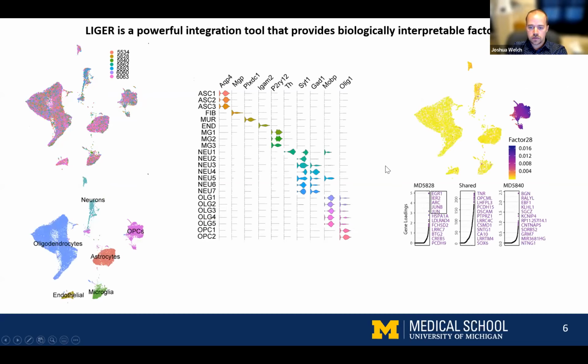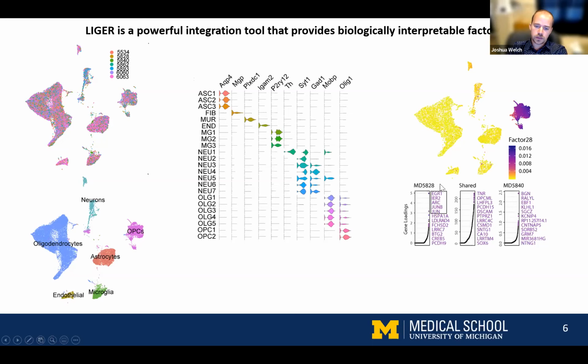Another really nice advantage of this integrative non-negative matrix factorization framework is that the shared and data set specific metagene factors are often biologically interpretable. So we showed in our Cell paper that, for example, if you look at this gene expression data from the human substantia nigra across multiple donors, we can identify a particular factor like this factor 28, where the shared component of the metagene factor contains signatures of, I believe in this case, activated oligodendrocytes.